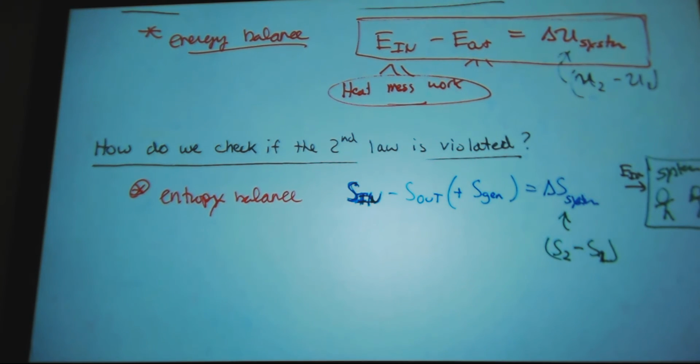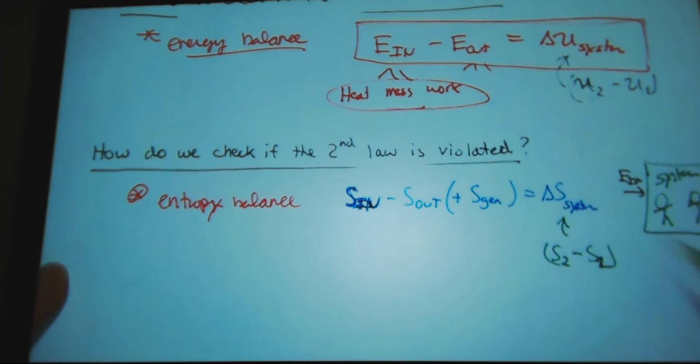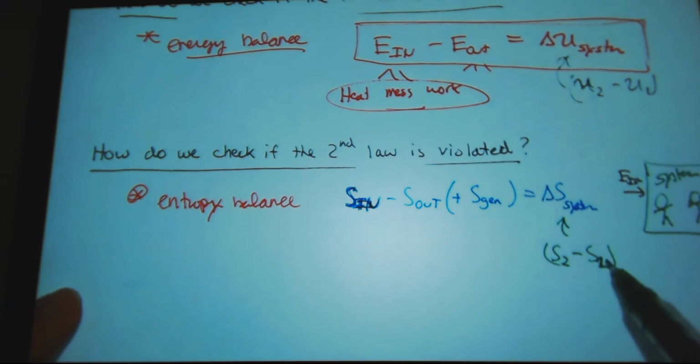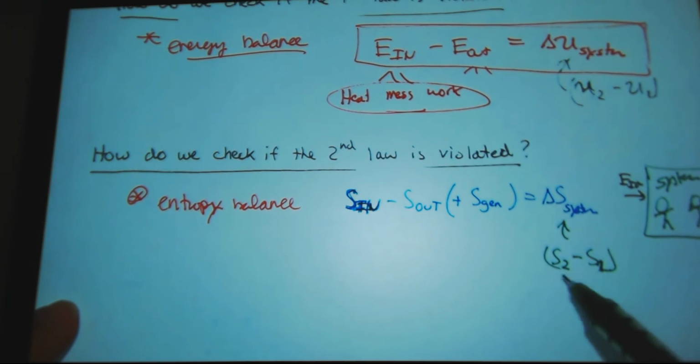So if my system goes through a cycle, what is the change in entropy of my system if it goes through a cycle? Someone said 0. Anybody disagree with that? No. Why? Because if you go through a cycle, state 1 is state 2, so it has to be 0.